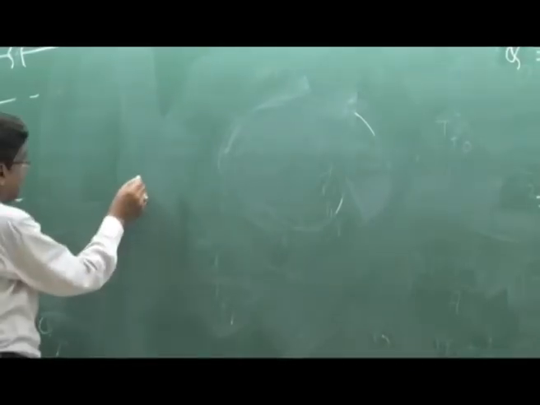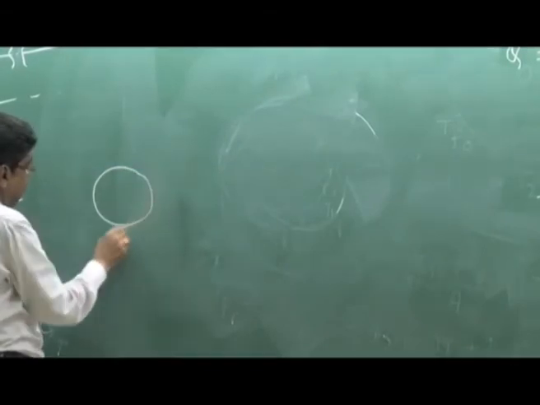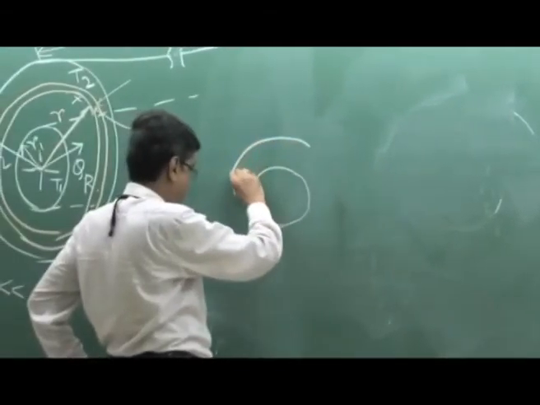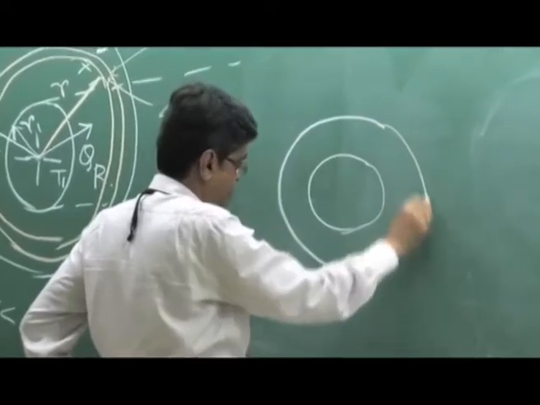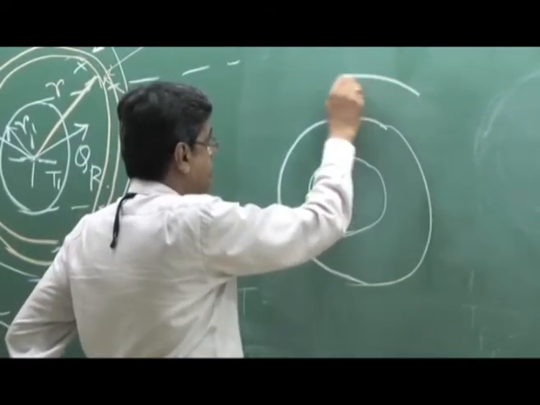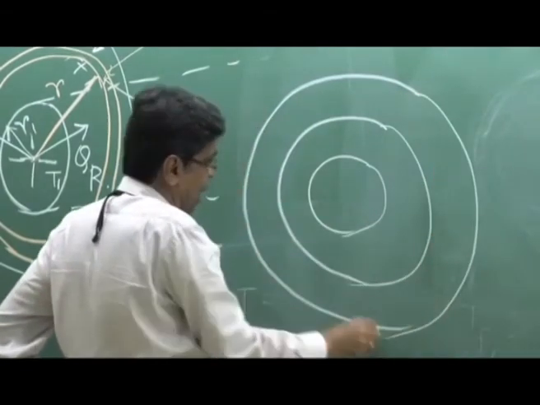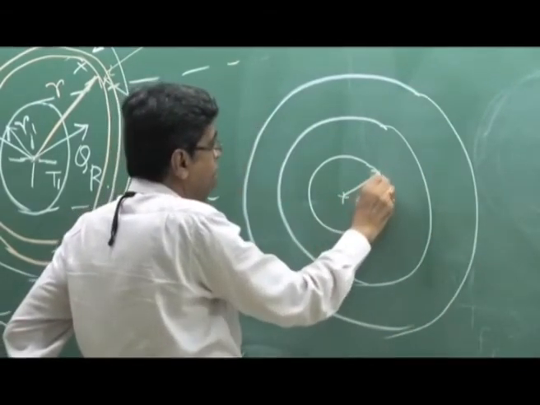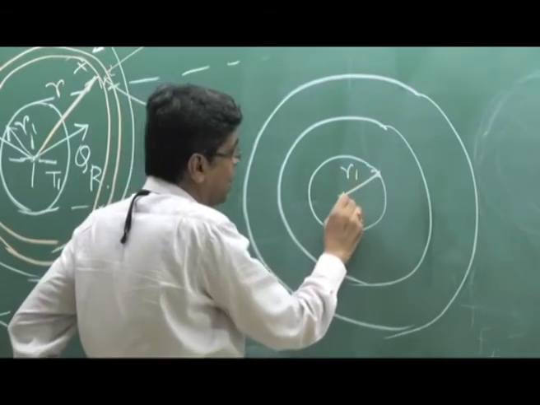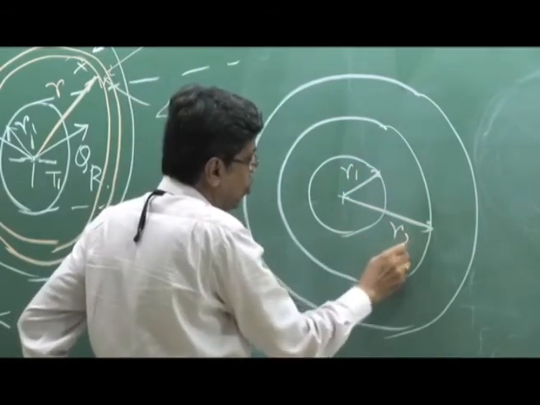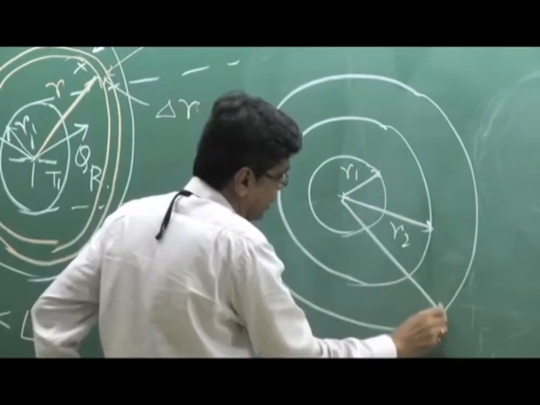If we have two cylindrical walls, the radii are R1, R2 and R3.